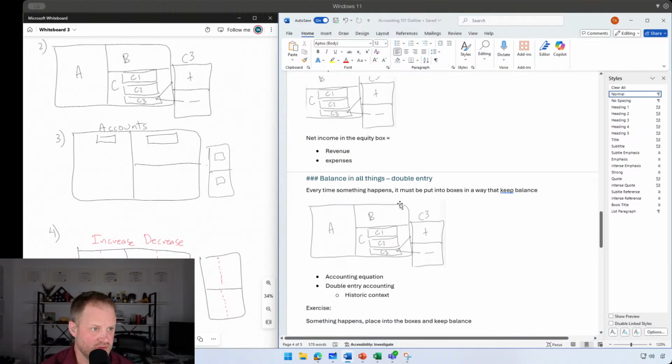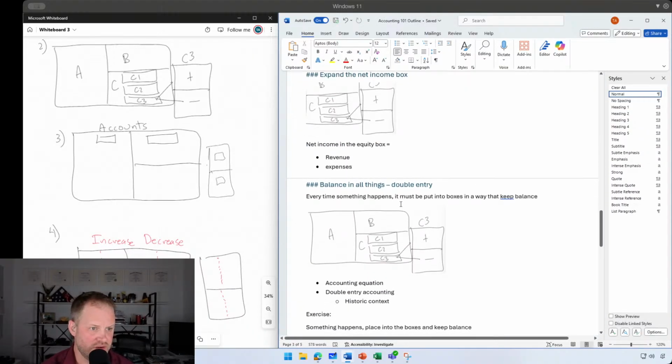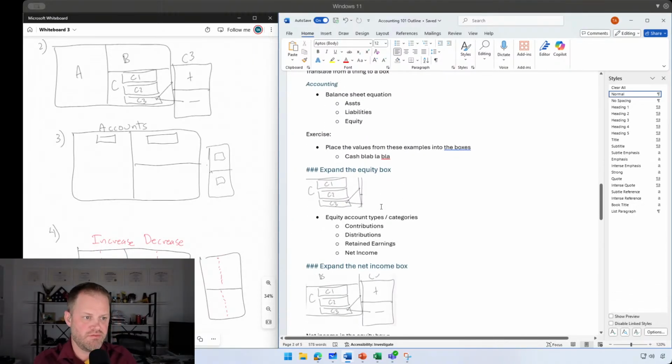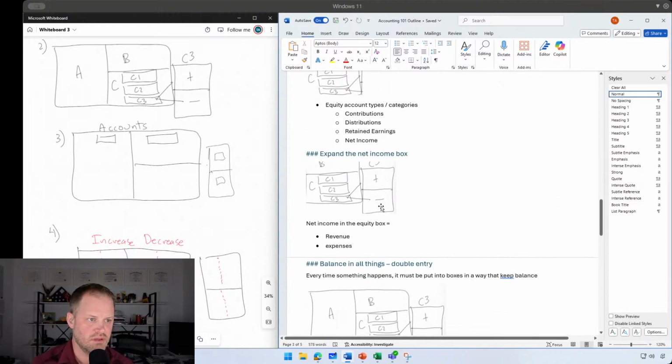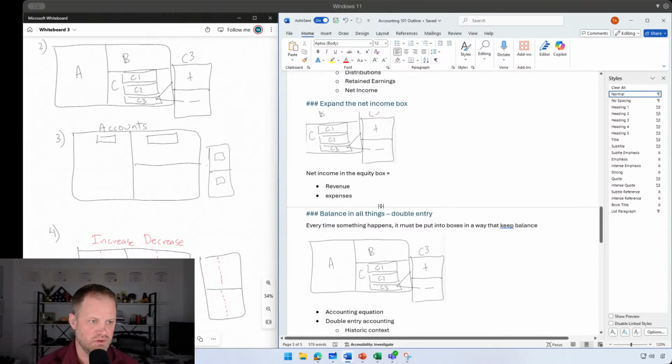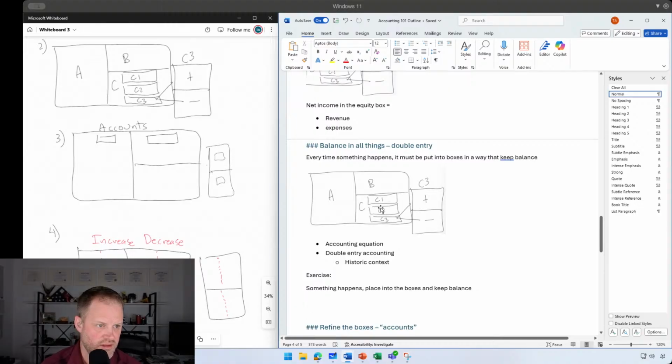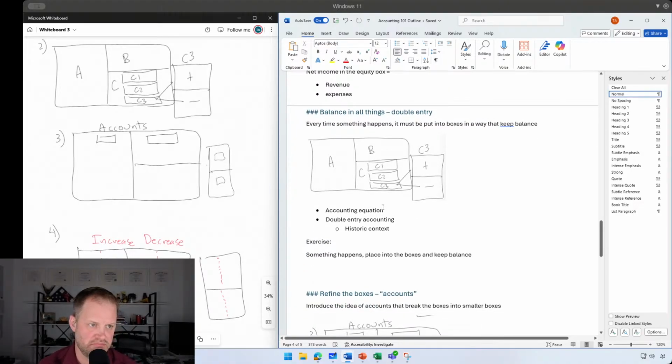So how did we get here? All right, we introduce the boxes and we break them into expanded categories. Then we need to be able to show balance.